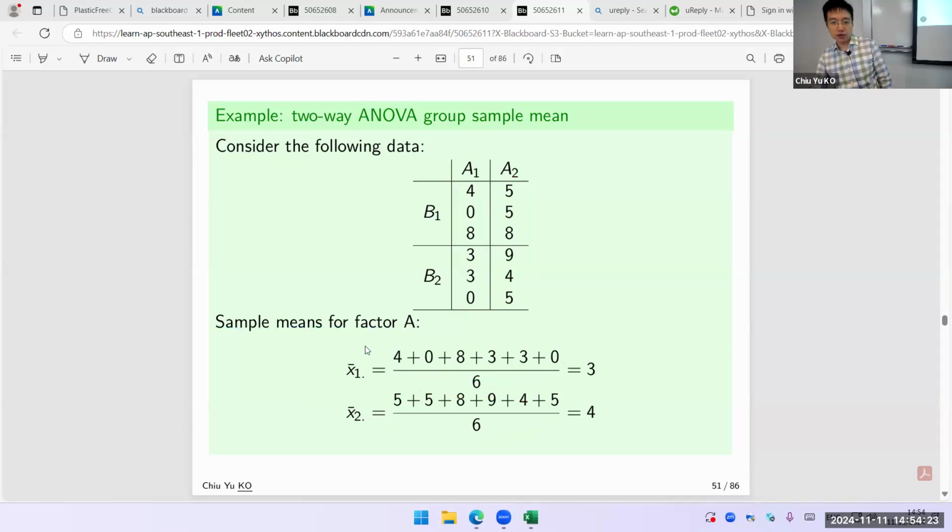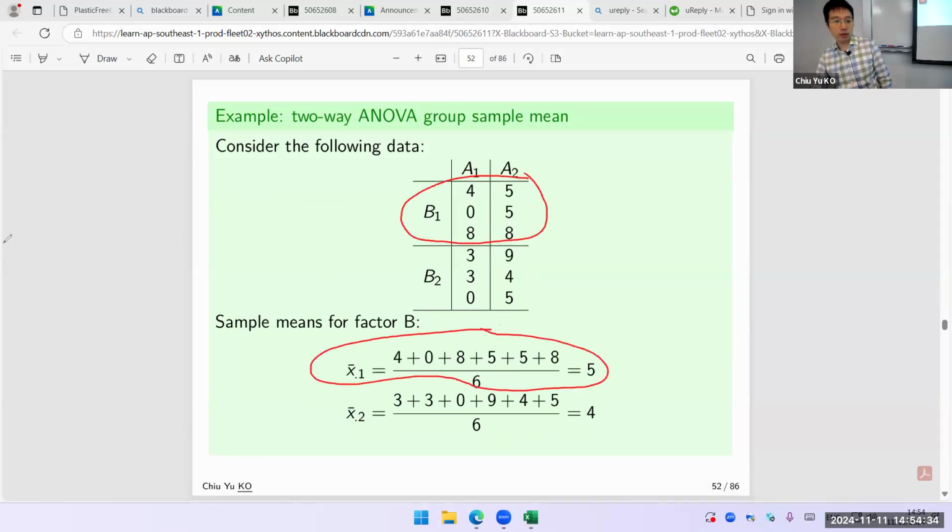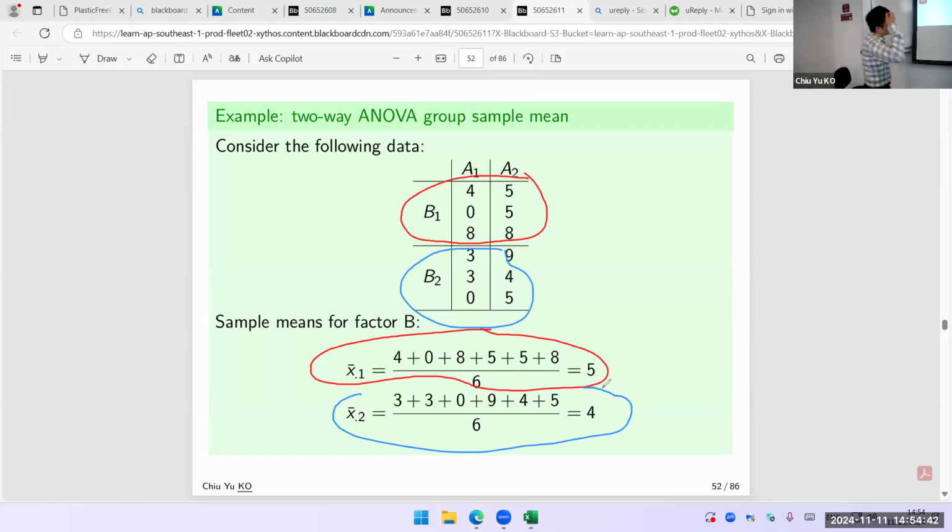And you can do the B as well. If you do this group, it will give you this answer, and if you do this group, it will give you this answer. So that's how you calculate these group means.